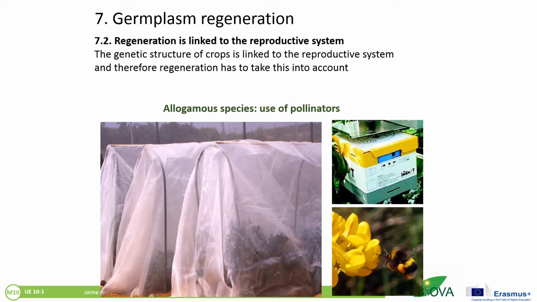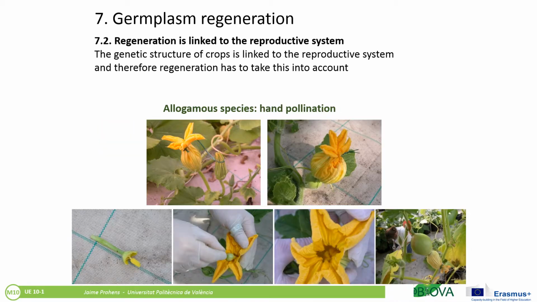In allogamous crops, during regeneration, we normally will stimulate cross-pollination among individuals of the same accession to avoid inbreeding depression, but also special measures like mesh cages need to be taken to avoid cross-pollination with other accessions of the same crop. So, for allogamous species, manual cross-pollination is an alternative to ensure that there are cross-pollinations.